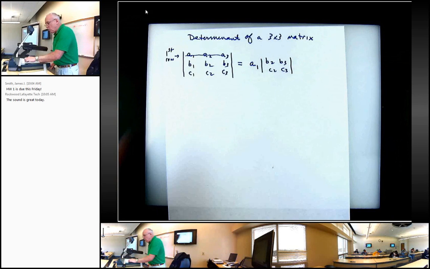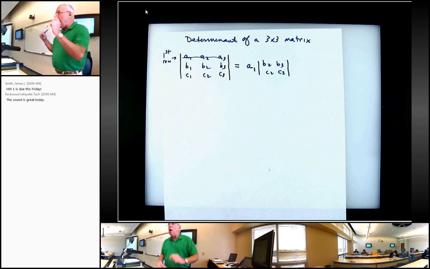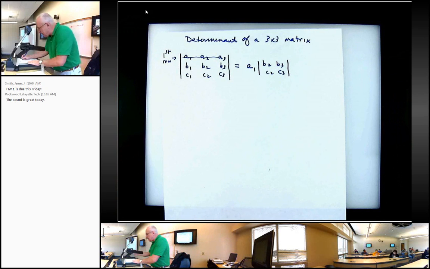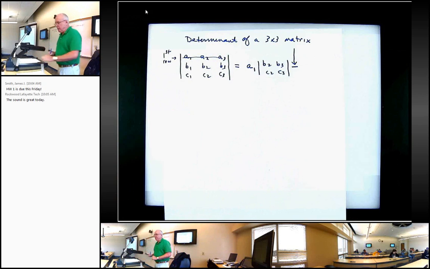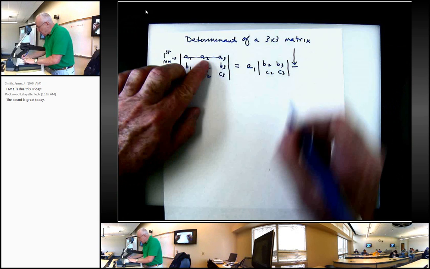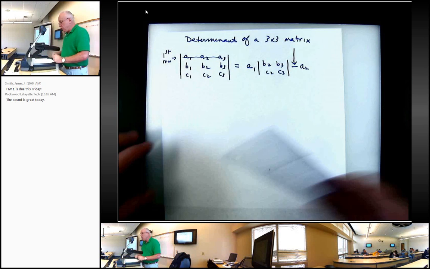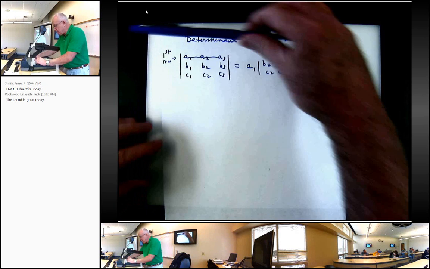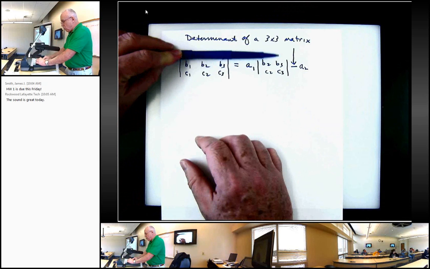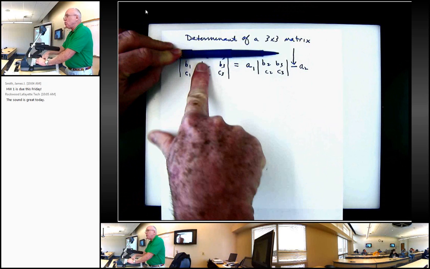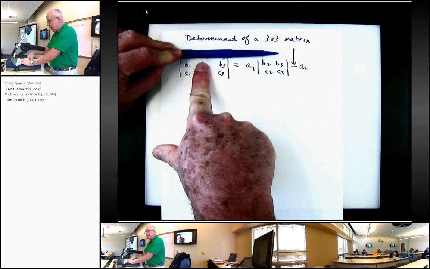Now we go around to the second element in the first row, but we have to put a minus sign in front of it. Minus, and then we write the second element. And then what we do then is, again, visually, we still cross out that first row, but this time we also cross out that second column that contains that second element.